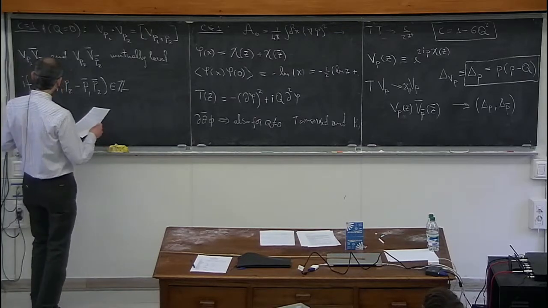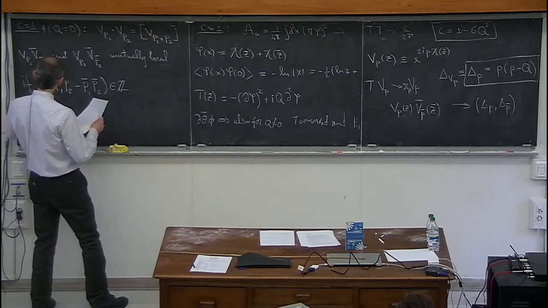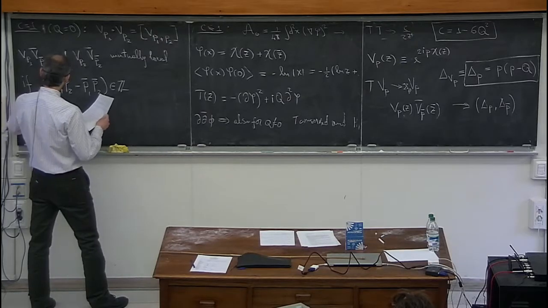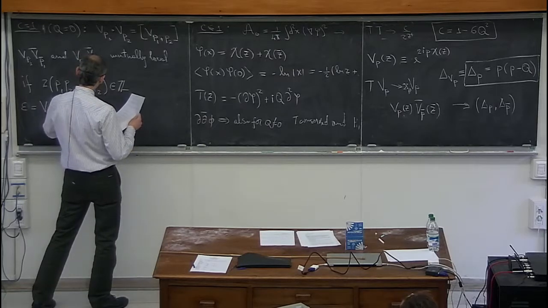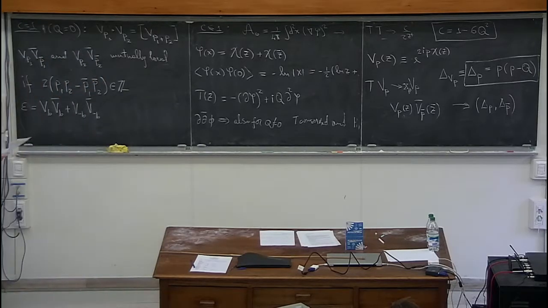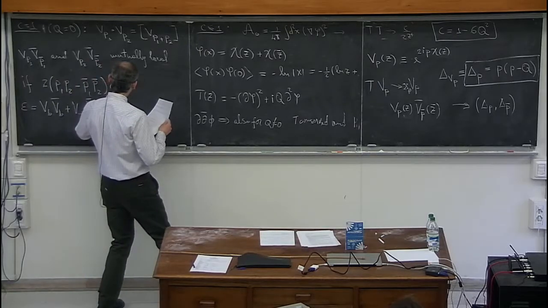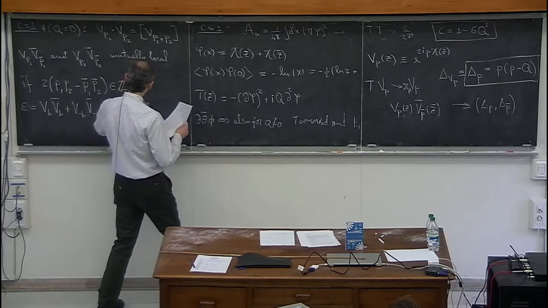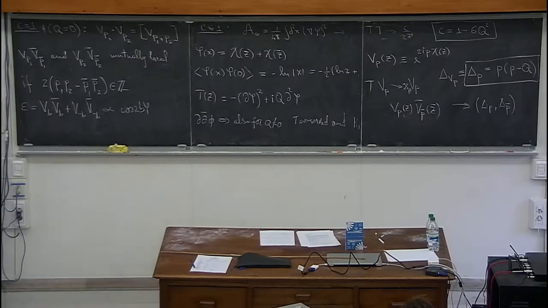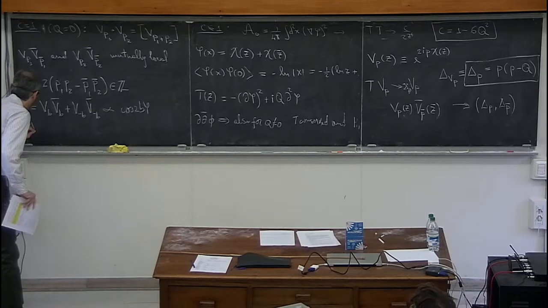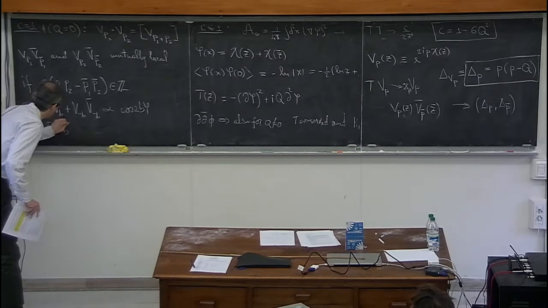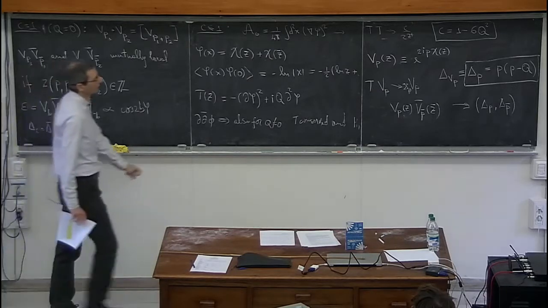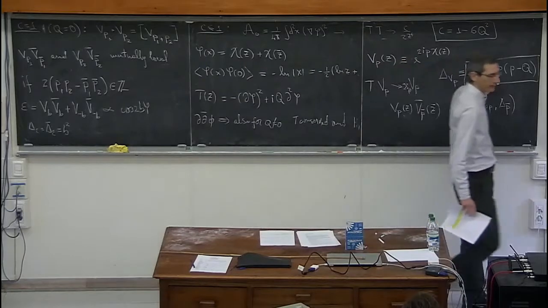And a generic choice will be of this form, V plus V bar plus V minus, V minus bar, which you can write as cosine 2b phi, with dimensions delta epsilon equal delta bar epsilon equal b squared, which comes from here with q equals 0.